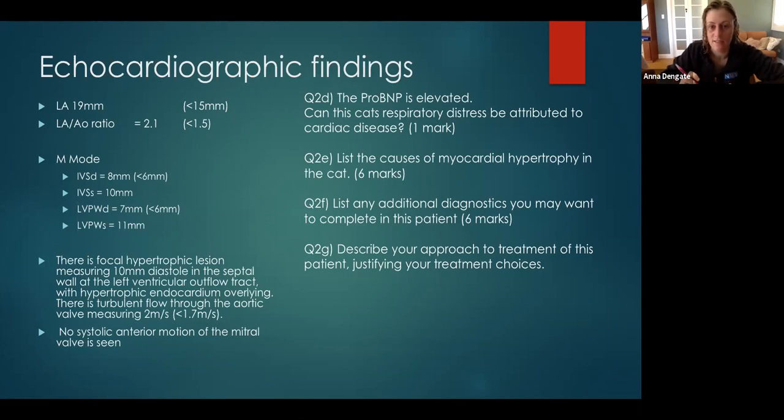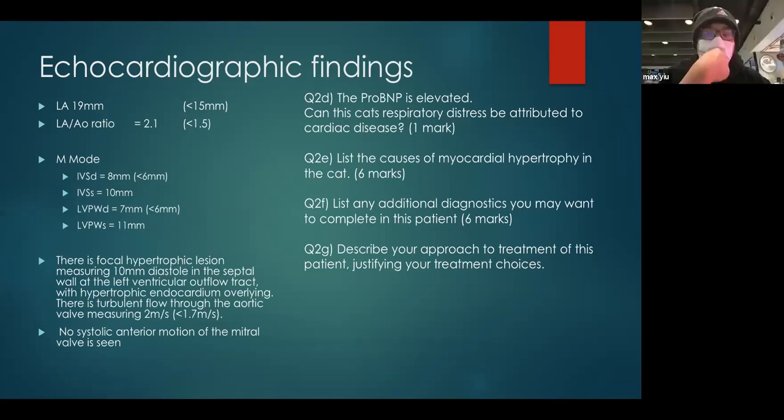List the causes of myocardial hypertrophy in the cat. Hyperthyroidism, renal disease, idiopathic hypertension, I can only think of 3, or genetic.